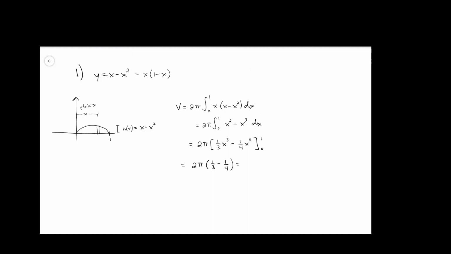And then what is that? 4 pi over 12 minus 3 pi over 12, so pi over 12. Multiply that by 2, you get pi over 6, I think, at the end of all this. So that will be the volume of that solid of revolution around the y-axis.